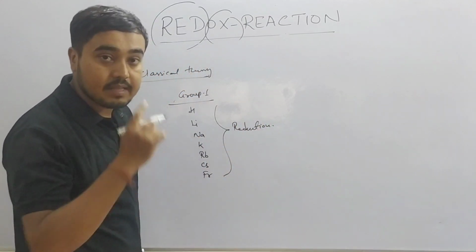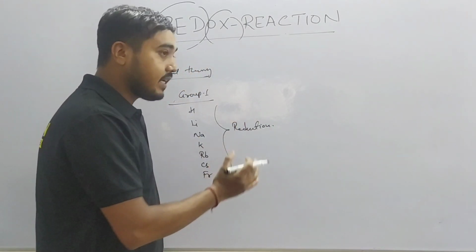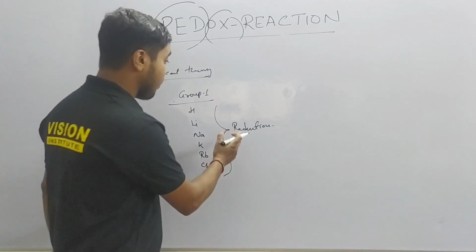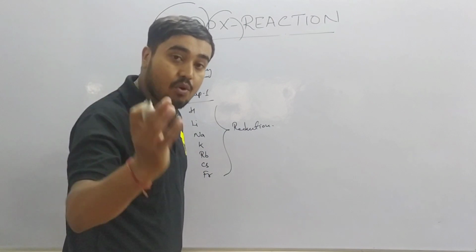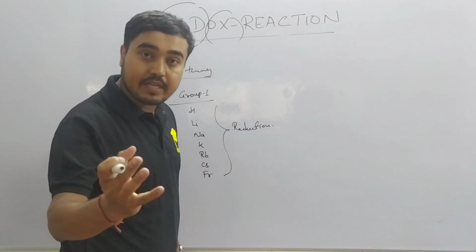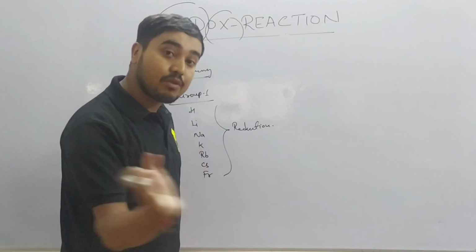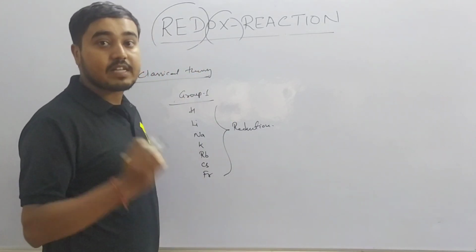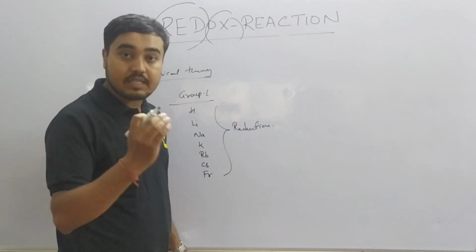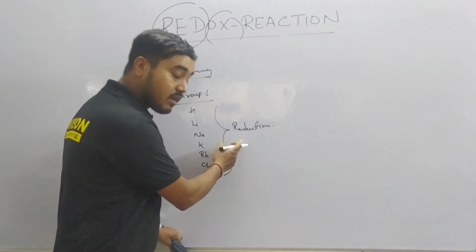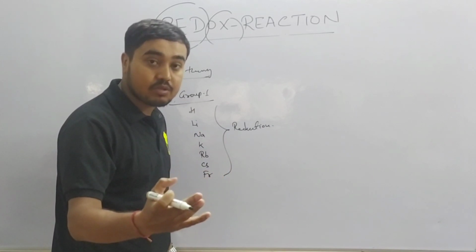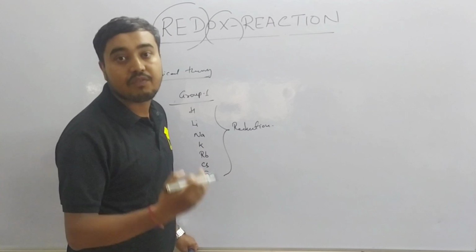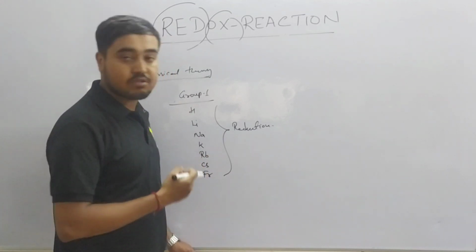Or I can also say that if there is removal of electronegative group, then it is also reduction. So basically oxidation is addition of oxygen or addition of electronegative group, whereas reduction is removal of oxygen or removal of electronegative group. Or vice versa, reduction is addition of hydrogen or addition of electropositive group, or removal of oxygen or removal of electronegative groups, that is also reduction.